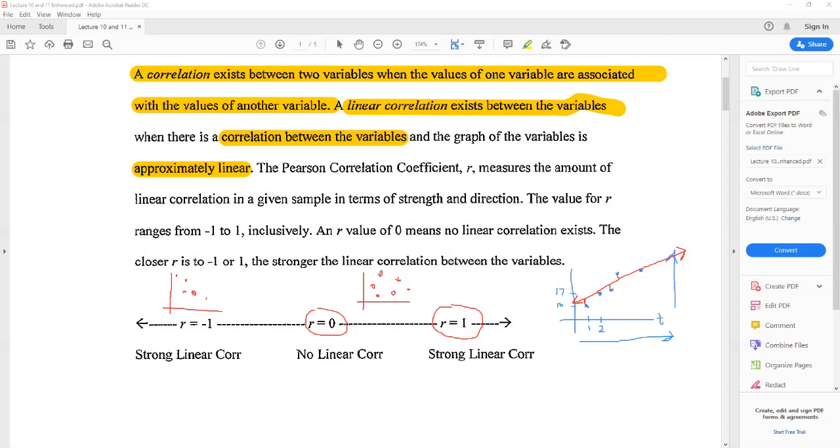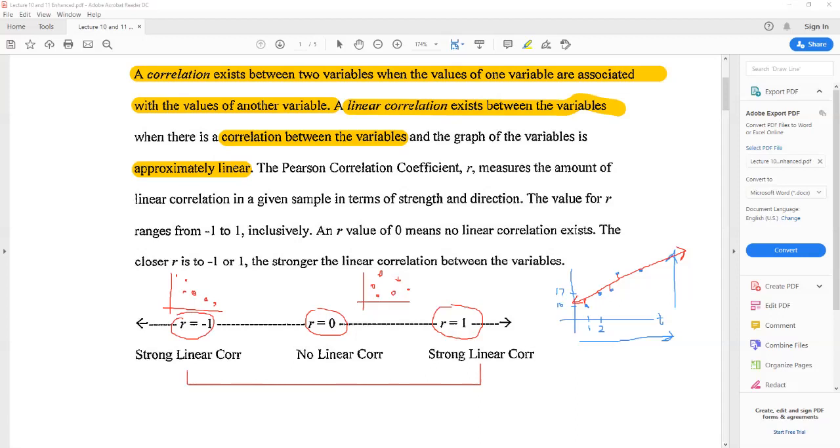But as you can see, they're going down. The closer you are to either -1 or 1 determines the strength of the correlation coefficient, the strength of the line, the linearity of the line. So the closer you get to 1 or -1 for the R value, the more linear the data values.